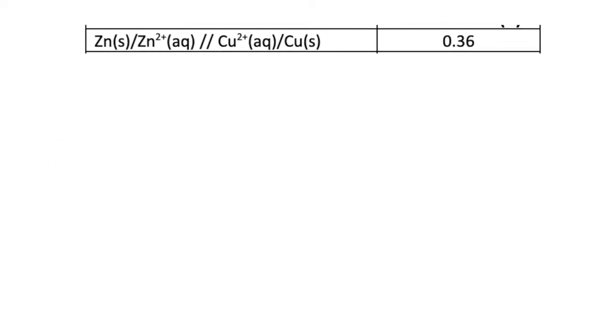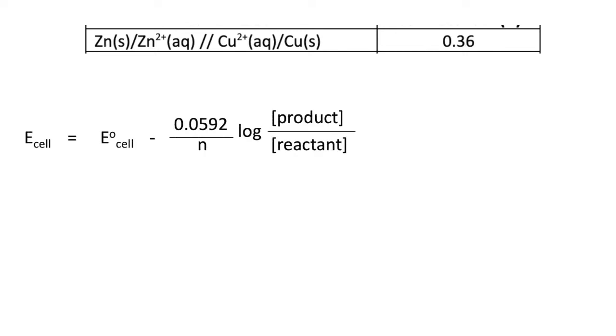I'm taking the first experiment, which is the reaction between copper and zinc. As I told you, we are going to use the Nernst equation because our solution here is not 1 molar, which means it is not in standard condition. That is why we need to use the Nernst equation.